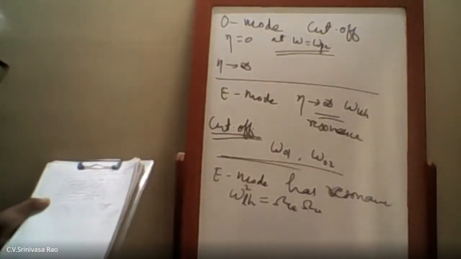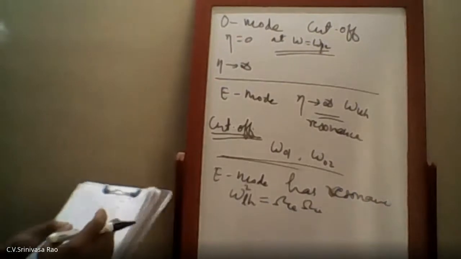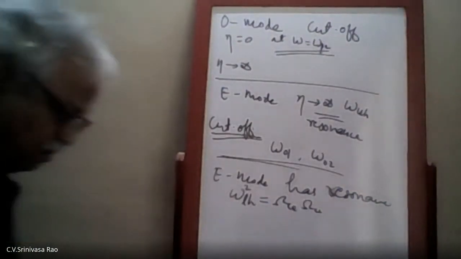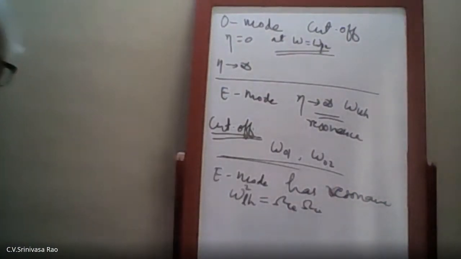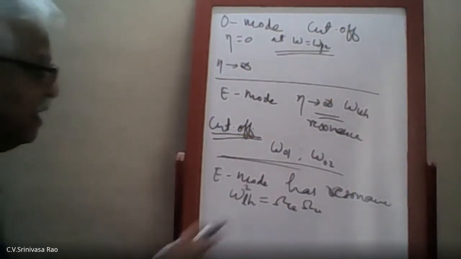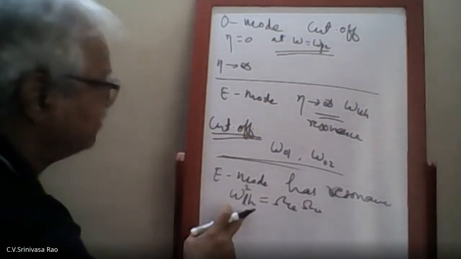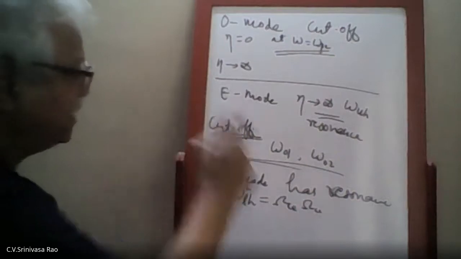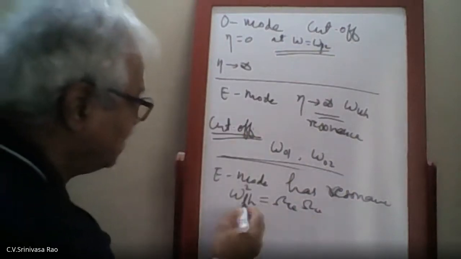Therefore, it has a resonance lower than the upper hybrid wave, and this is called the lower hybrid wave. The earlier one was the upper hybrid wave, and this is the lower hybrid wave.